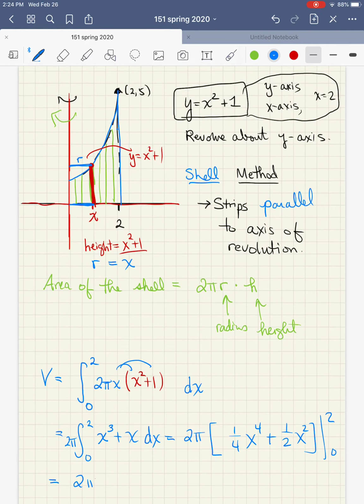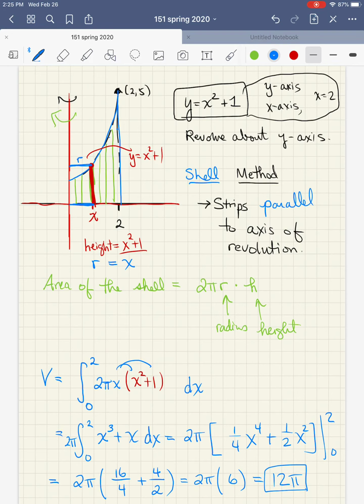Plugging in 0 is easy. I'll get 0. So what I'm left with is just 16 over 4 plus 4 over 2. So at the very end of the day, that's 4 plus 2. I get 2 pi times 6, and I get 12 pi, which is exactly the answer we got on the previous video when we used the washer method.